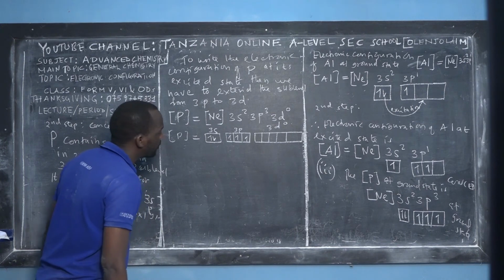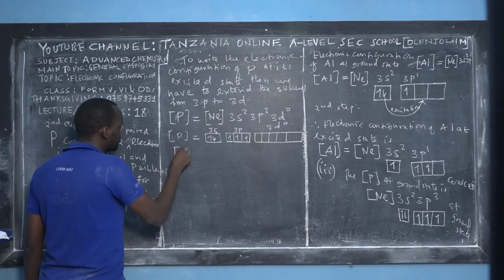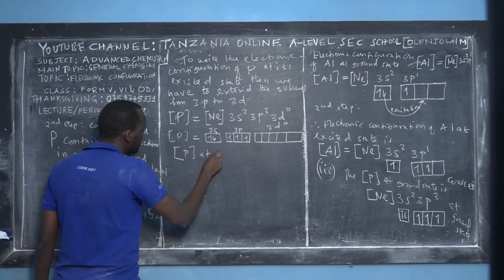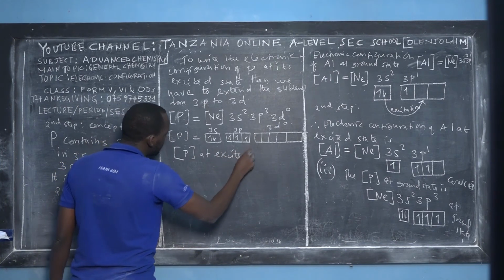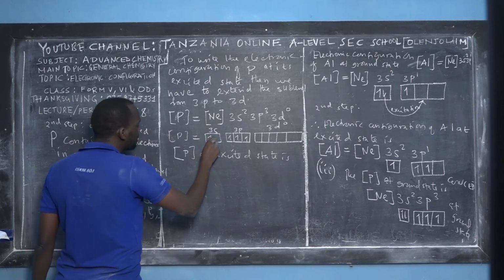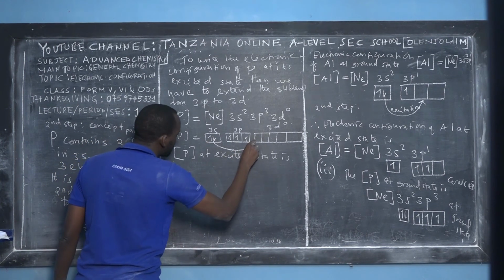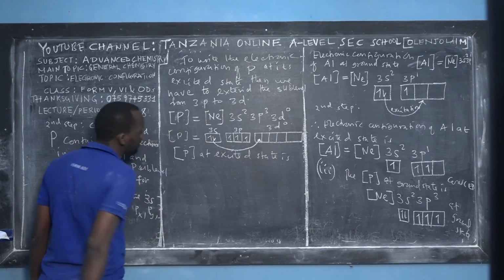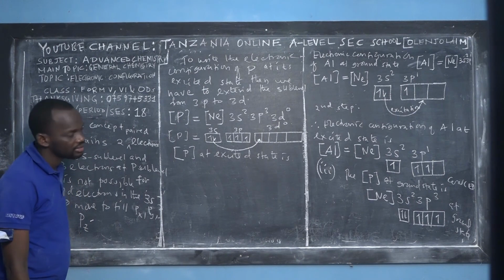So the electron configuration of phosphorus at excited state is this one. So what is happening? The excitation takes place from these second electrons to this d orbital. Interesting.